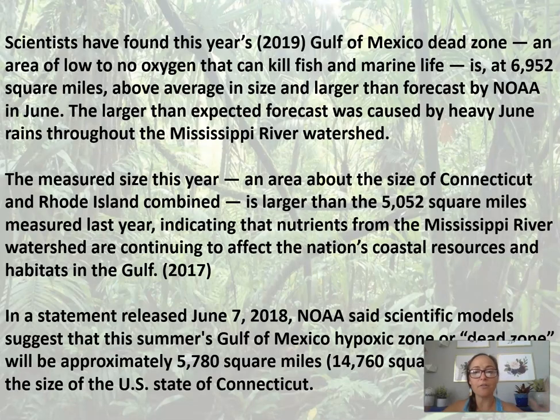So when we think about the Gulf of Mexico, the dead zone does change from year to year. It really comes down to what is the amount of rainfall, how much rain did we have that year? The more rain, the more runoff, and therefore the larger the dead zone. So if we look here, 2017, the dead zone was 5,000 square miles, about the size of Connecticut and Rhode Island.